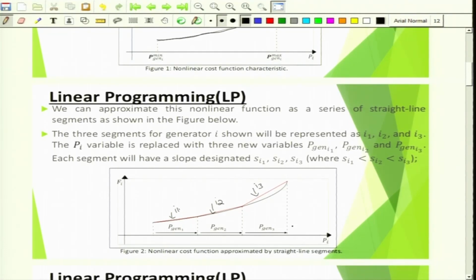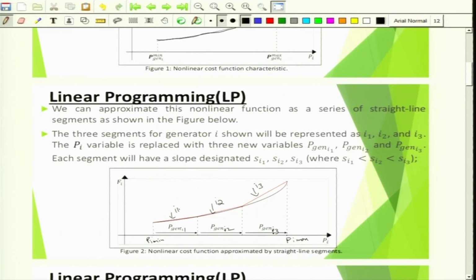Now you can easily solve these three linear functions, and let us say the Pi variable is replaced with 3 new variables. That means the total generation from Pi minimum to Pi maximum is now split into 3 parts. For the ith generator, the generation in segment 1 is P gen I1, the second segment is P gen I2, and the third is P gen I3, and each segment will have a slope.